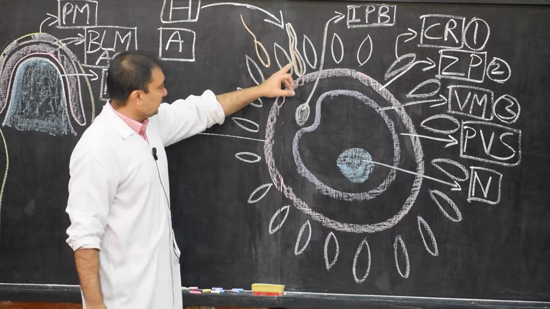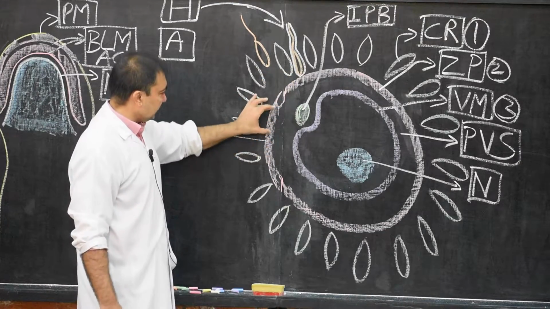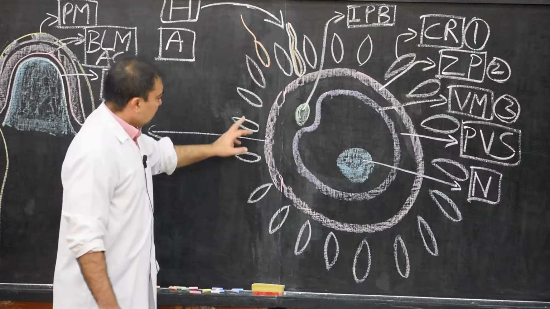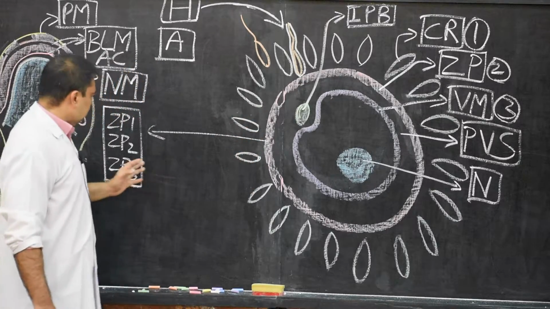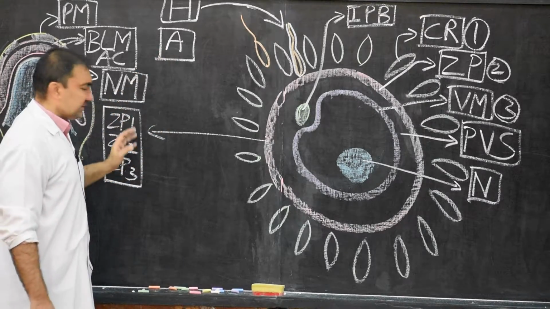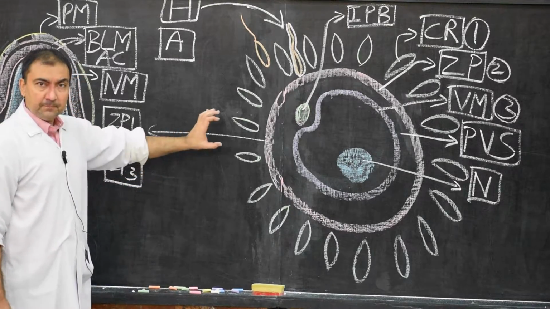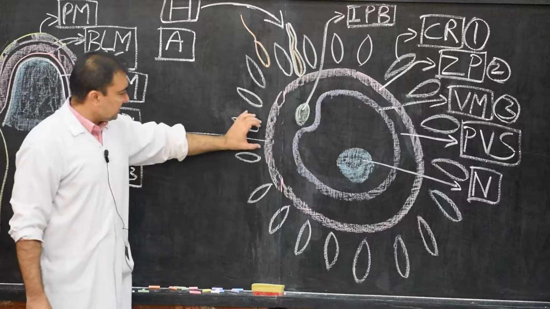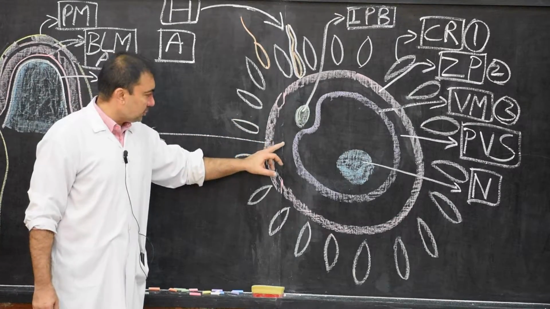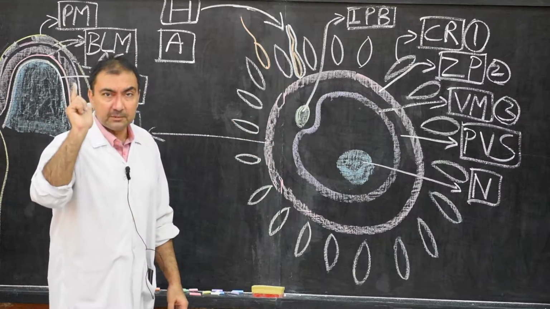So if the sperm wants to enter from this side, it will digest this much portion of zona pellucida and it will combine with these receptors ZP1, ZP2, ZP3. After combining with these receptors, this acrosine will destroy this much portion. It will digest the zona pellucida and allow the entire spermatozoon to pass into the perivitelline space. So therefore, the second barrier is perforated.